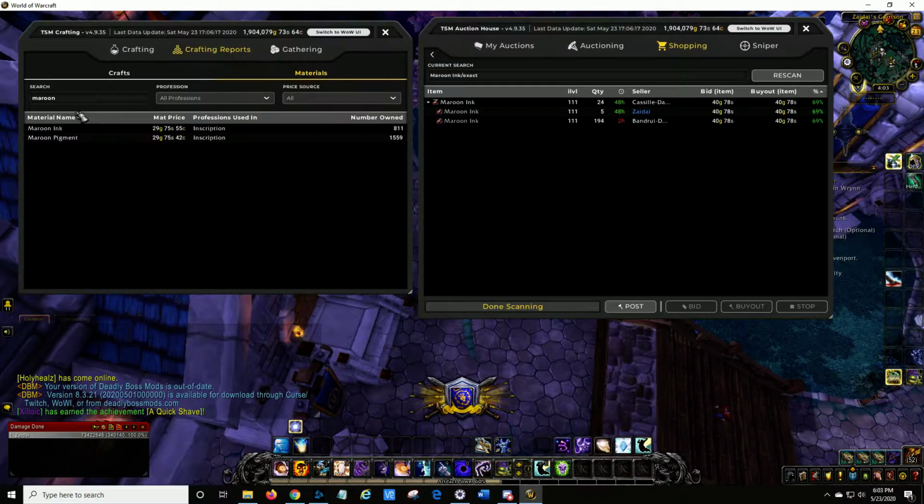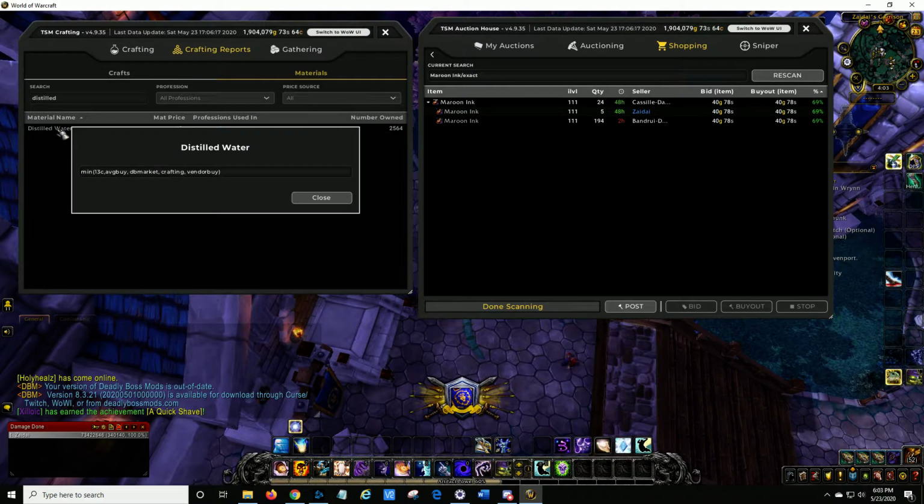The distilled water, I think I had to hard set this, because somebody was posting, I think I had average buy maybe, and or vendor buy. For some reason, sometimes TSM was losing the value for the vendor buy.